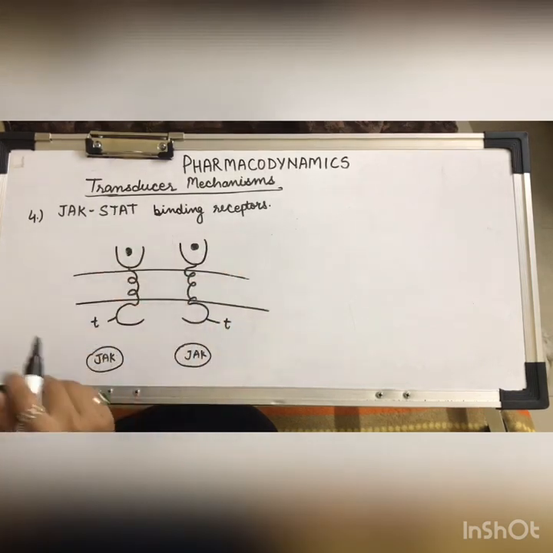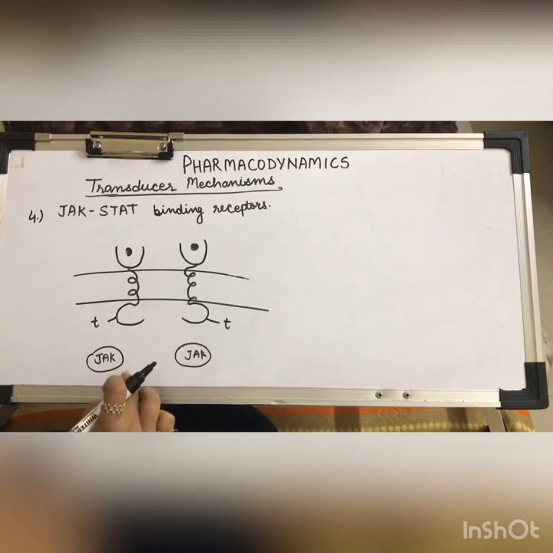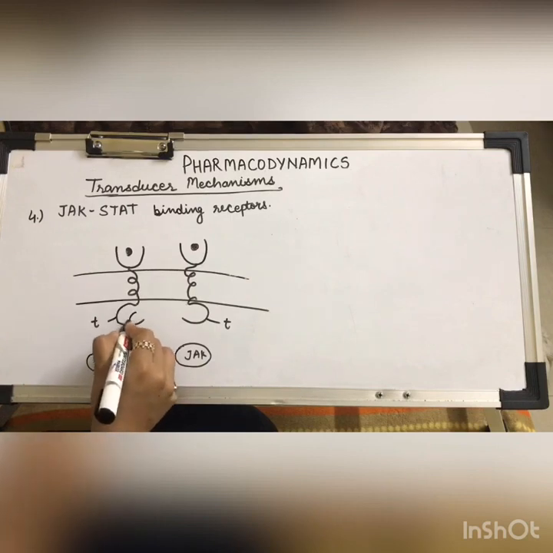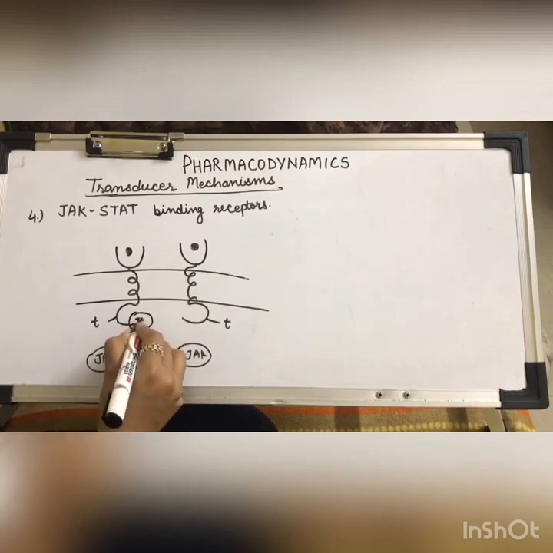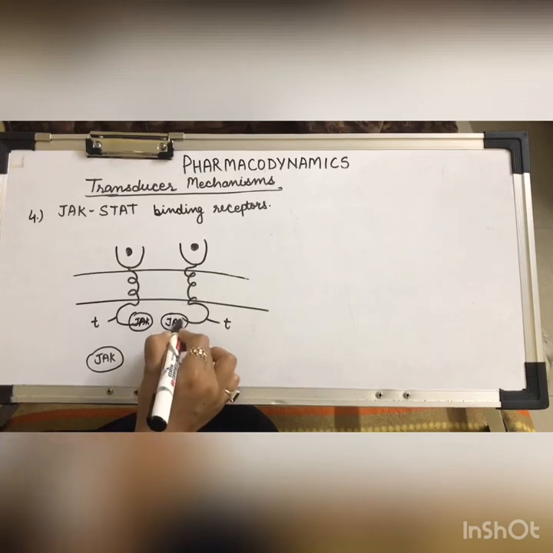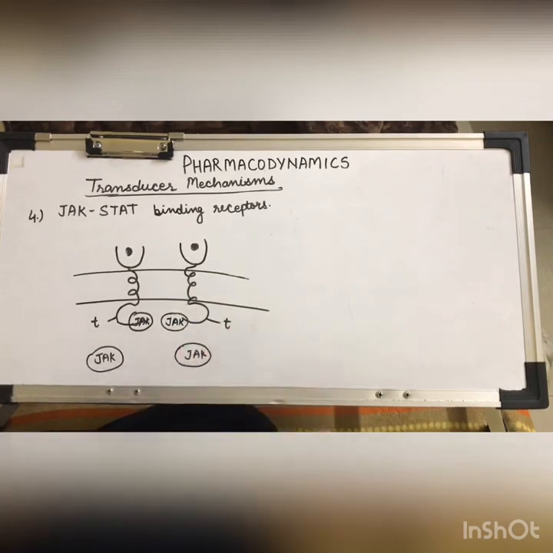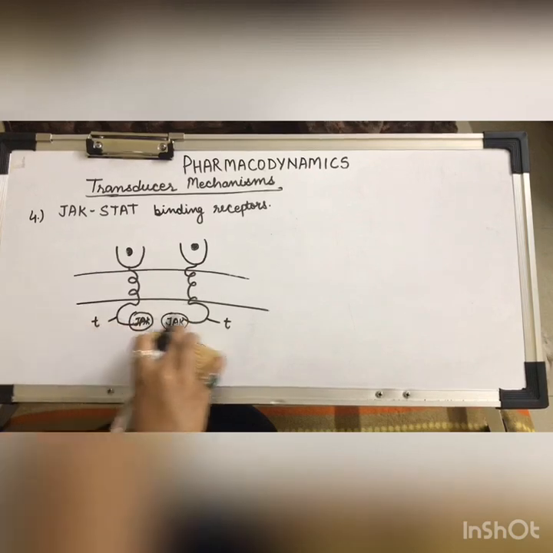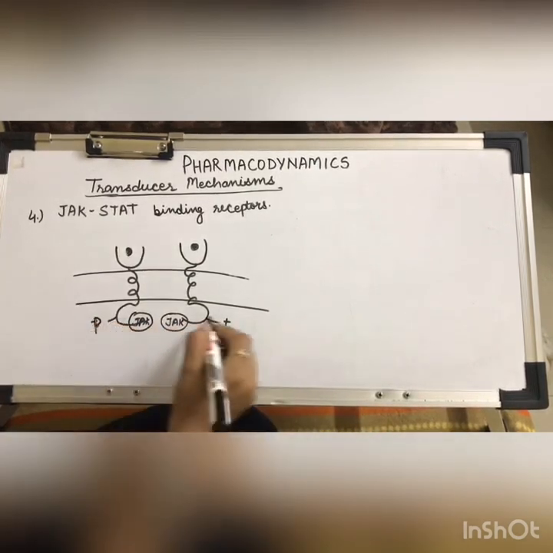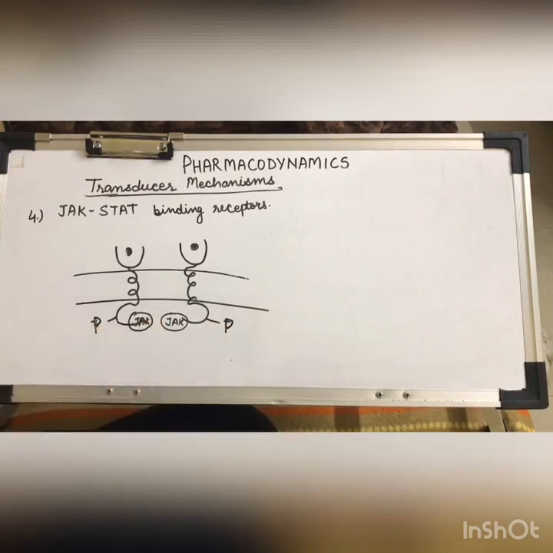When the agonist binds, the affinity of these cytosolic JAK molecules is increased and they go and bind to the receptor. When they bind to the receptor, the phosphorylation of the receptor takes place. The tyrosine residues get phosphorylated after the activation of JAK.